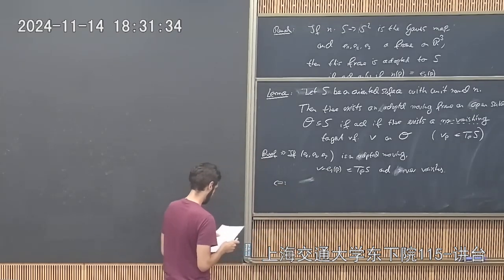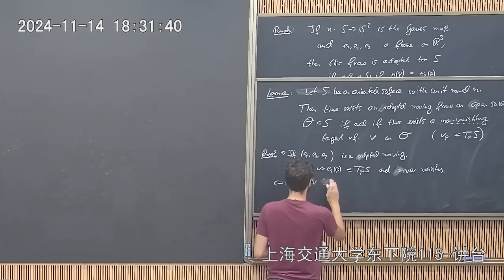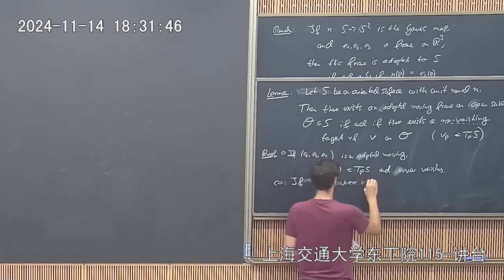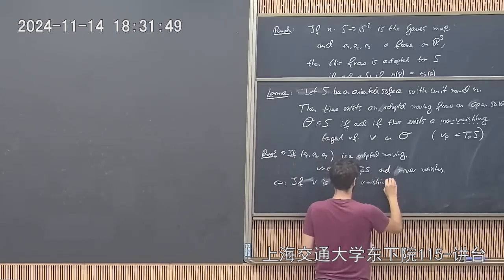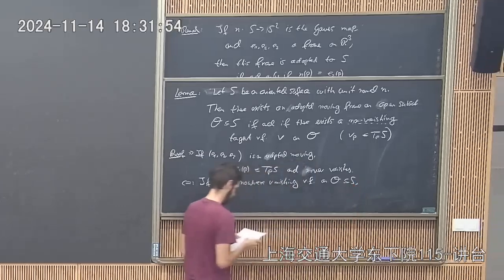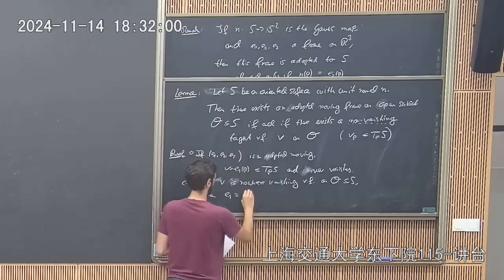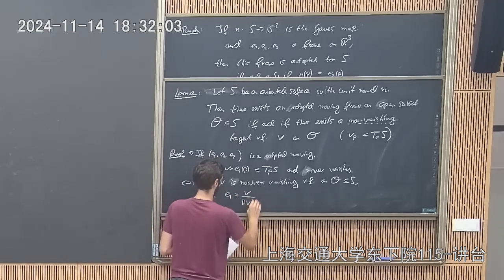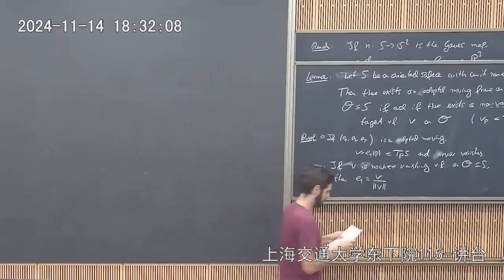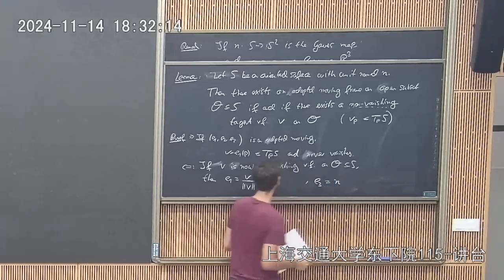And the other direction is that if we have a nowhere vanishing vector field in the subset, then we can just set E1 to be V, or we might need to normalize it so that we get a nice orthonormal frame. And E3, we know already, has to be n.